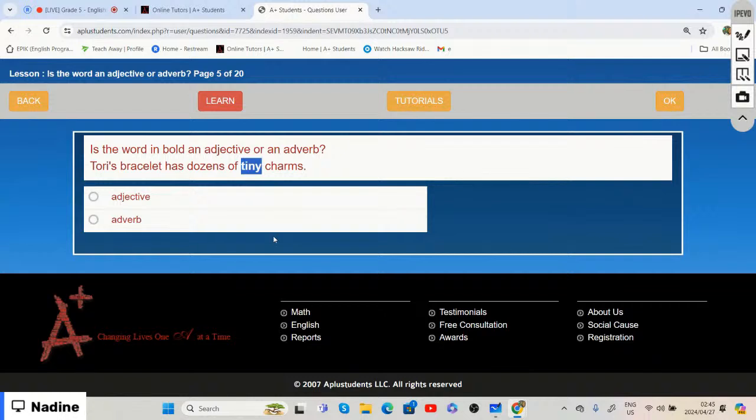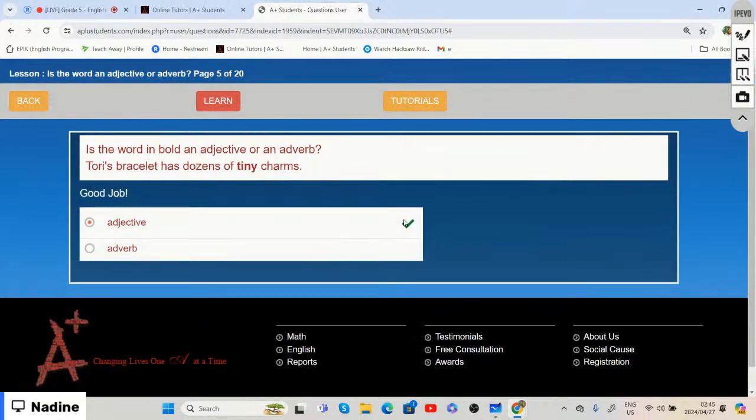If we were to select the correct answer, we would say it is an adjective, because it tells us more about the charms. It tells us what kind of charms.